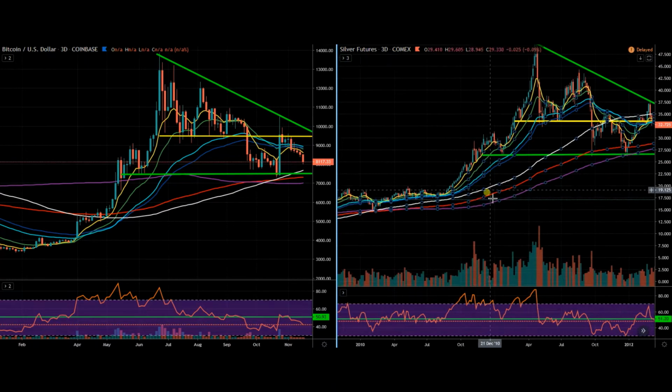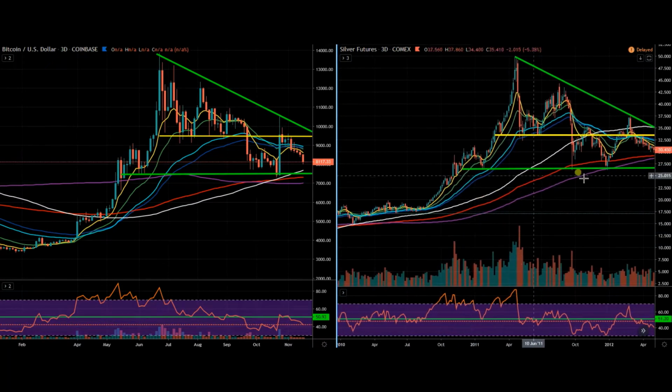The 200 moving average, guys, is moving up underneath price. It is supporting price. You can see here it's supported price. Very important to note. The only real difference in this pattern, guys, is the 100 moving average.